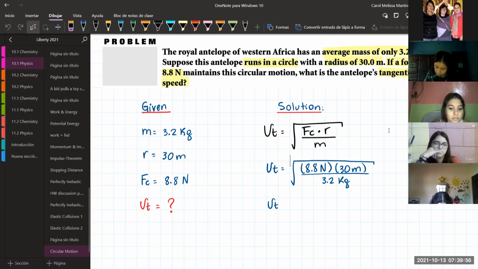Remember, solve everything that is inside first, and then apply the square root to your answer. 9.08 meters per second. That is correct.